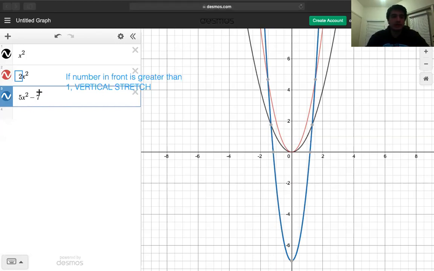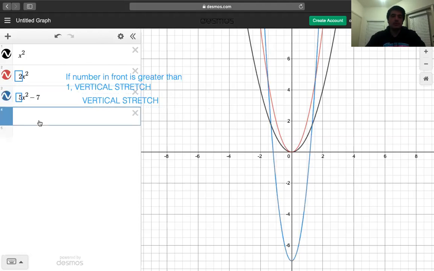So we're only looking at this, okay? So the number in front is greater than 1, right? So that means I have a vertical stretch because this number in front is greater than 1. That's it. If it has a number in front and it's greater than 1, it could be 2, 3, 7, 100, whatever it is. If it's greater than 1, it's a vertical stretch, okay?